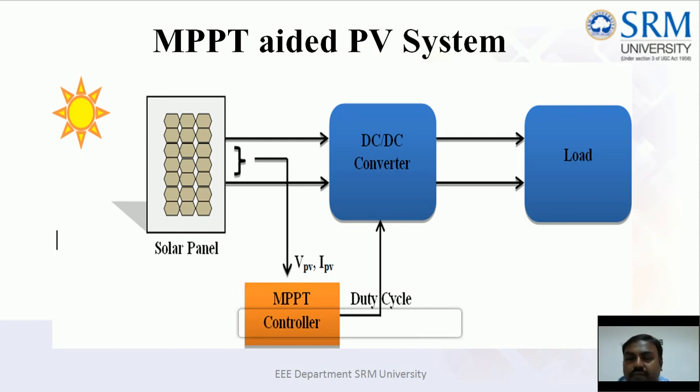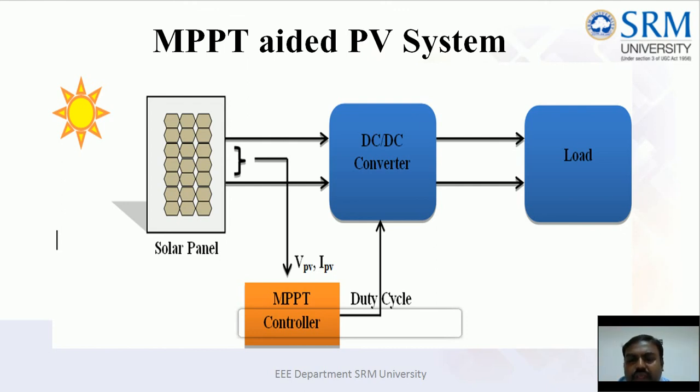Imagine you have 2 or 3 batteries of 12 volt. So 3 batteries of 12 volt will be 36 volt. Imagine you are having a 100 watt panel. Approximately that will have 17 volt as VMP. So you have to charge a 36 volt battery.